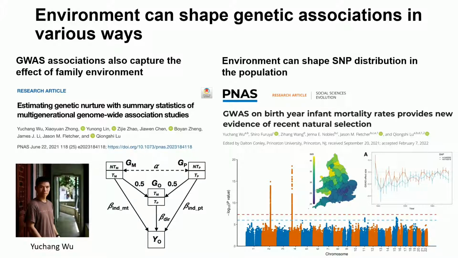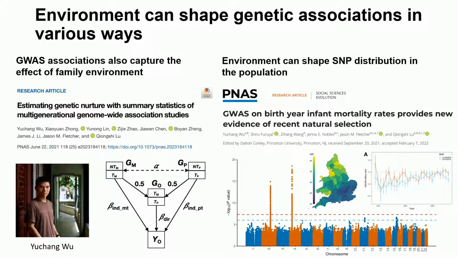And then we can curate the infant mortality rate based on the year and county of birth, which is a quantity that summarizes basically how tough the environment is around the time this person is born. There's a big variability across years and across regions in the UK. If you do a GWAS on that, the idea is that in some regions with bad environment, some people did not survive, and the alleles disappeared from the population.